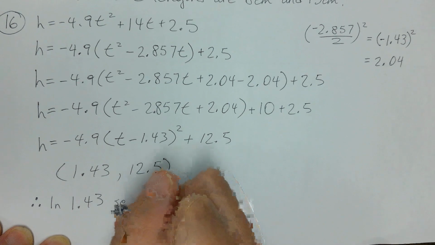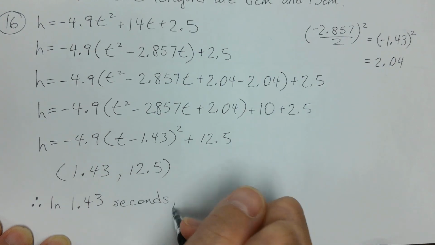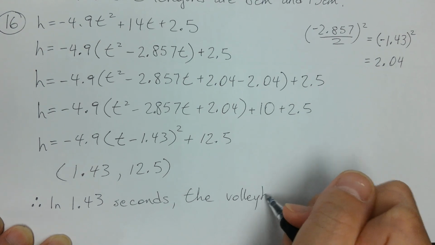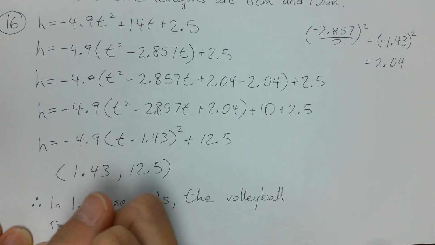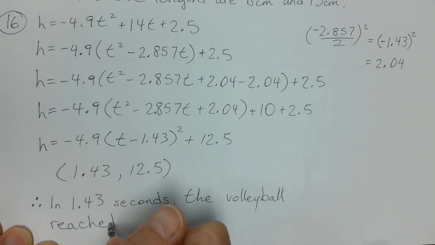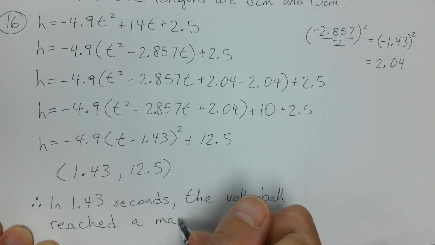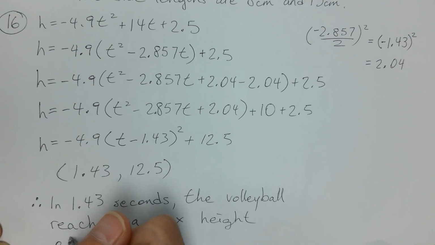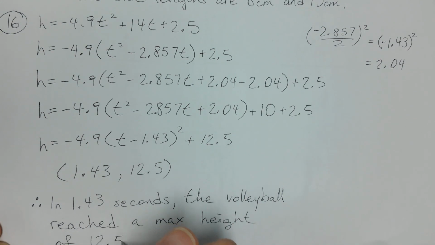Okay, so in 1.43 seconds, the volleyball reached a maximum height of 12.5 meters.